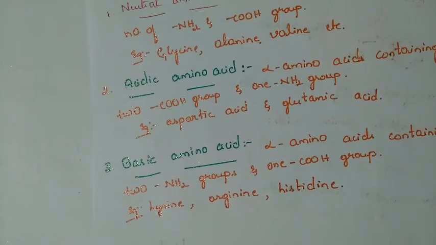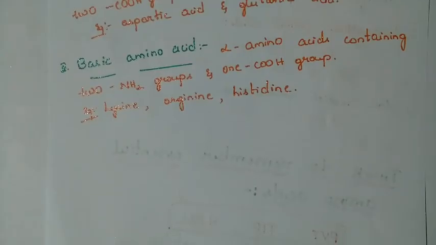So we shall go through the next topic now, that is physical properties of alpha amino acids. Amino acids are usually colorless crystalline solids. They consist of both the NH2 group as well as the COOH group.